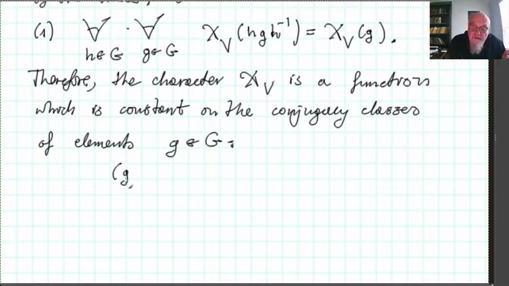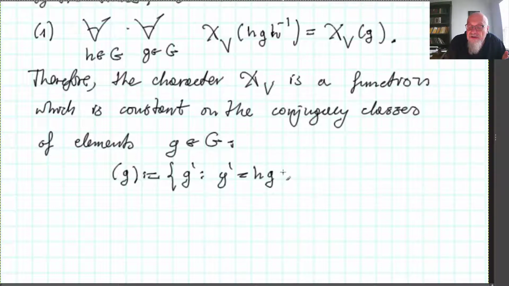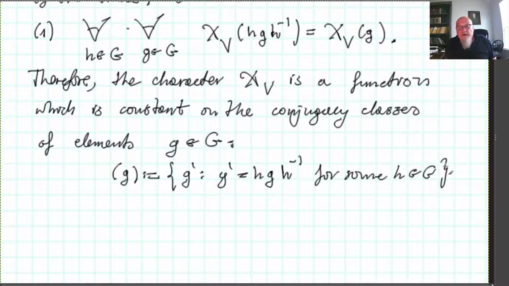Let's write it down. The conjugacy class of an element g will be just the set of all g' such that g' is equal to h g h^{-1} for some h belonging to G. So those are the conjugacy classes.